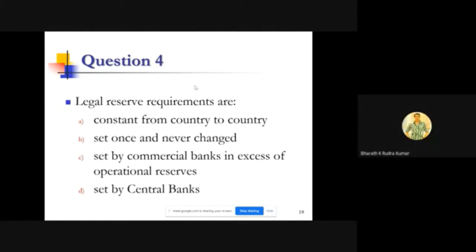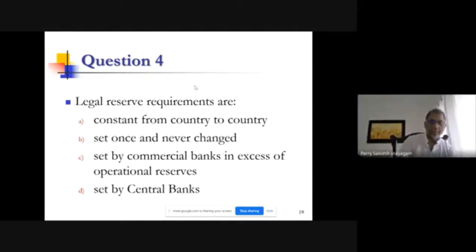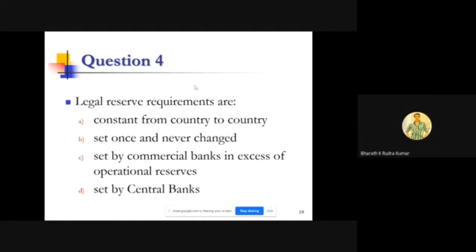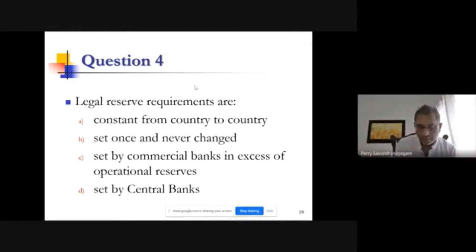Sir, I have a doubt regarding that question. Tell me, please. Is that practical in the current context? Because all of the banks have become automated. Sorry, I didn't get the question. Tell me again, please.